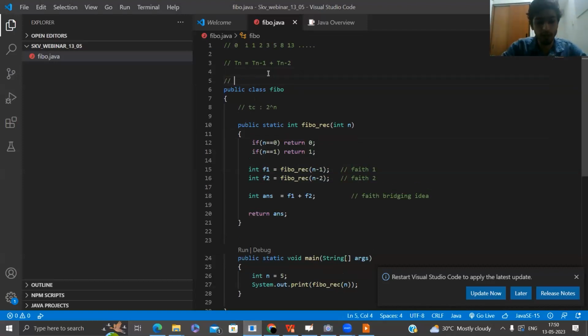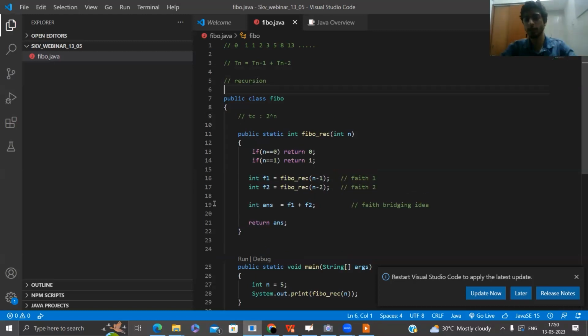First we looked at recursion. How do we solve a problem using recursion, right? Now we saw that in recursion there exist overlapping subproblems, which makes the time complexity exponential.